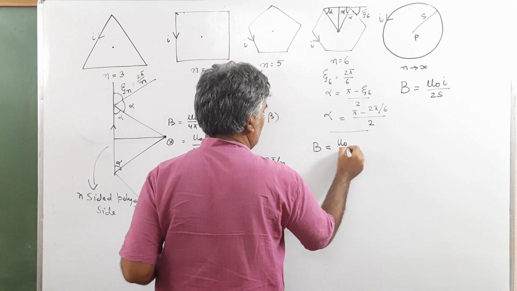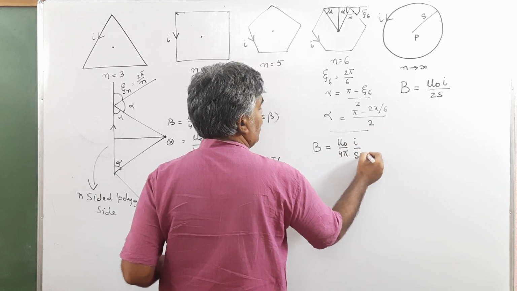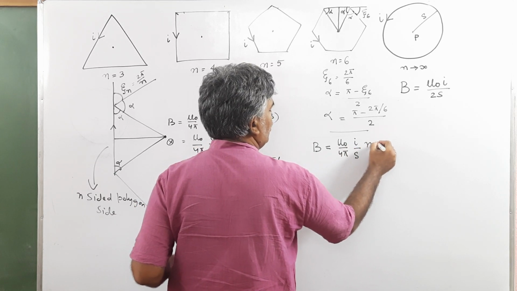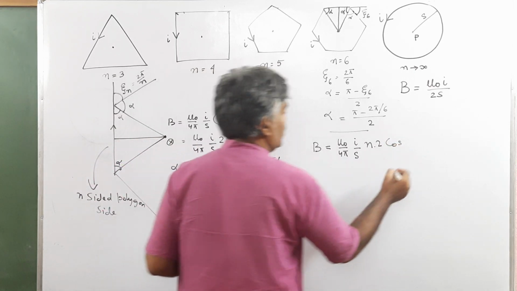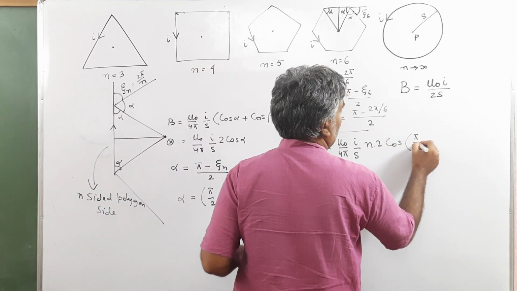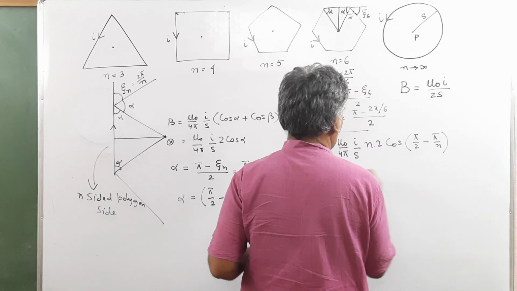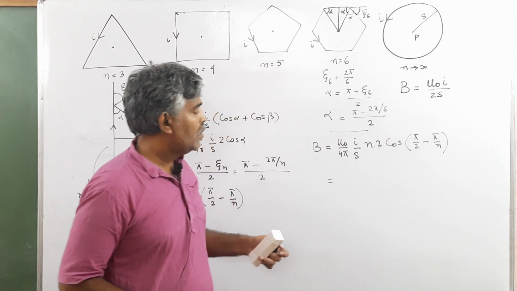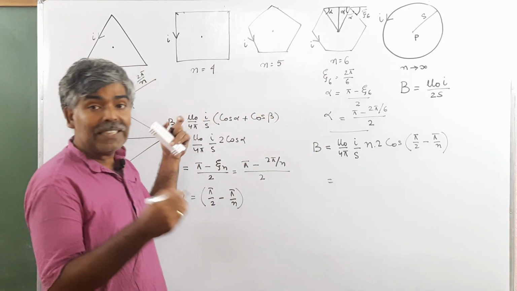So mu 0 by 4 pi I by s, then you multiply with n, then 2 is already there, then cos of alpha is cos of pi by 2 minus pi by n, right. See, this is the magnetic field for the n-sided polygon.